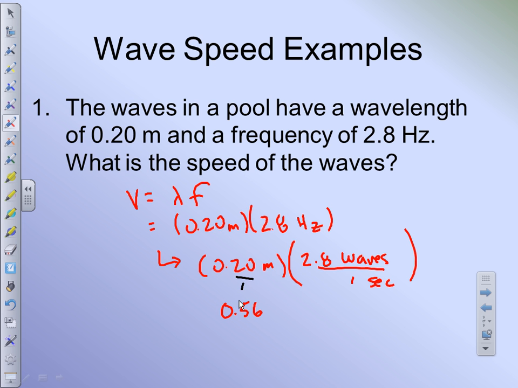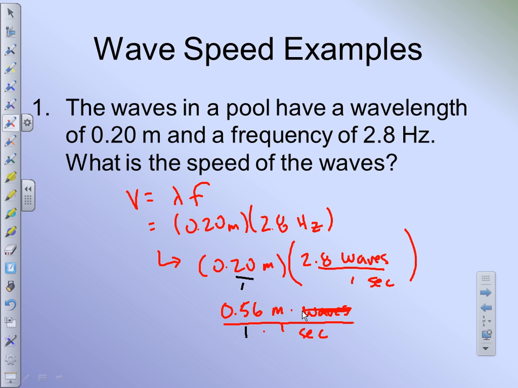Okay? And then from a unit standpoint, you have meters times waves on the top, and on the bottom, you've got 1 times 1 second. Anyone see that I just did that? All right. First, waves really isn't a unit.